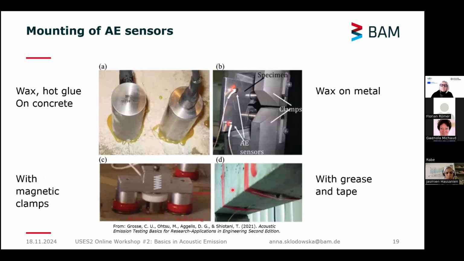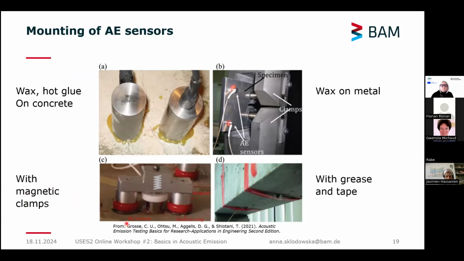So these are some examples of how acoustic emission sensors are mounted. For example, we can attach them directly with wax or hot glue, on concrete or on metal. So they're fixed to the measurement surface of the specimen. If we have a metallic surface, we can also use magnetic clamps.